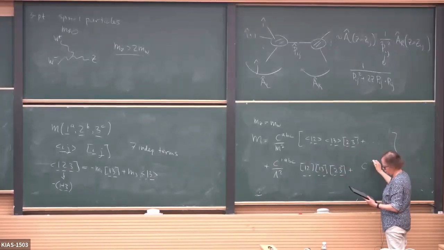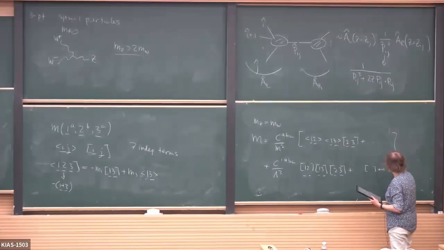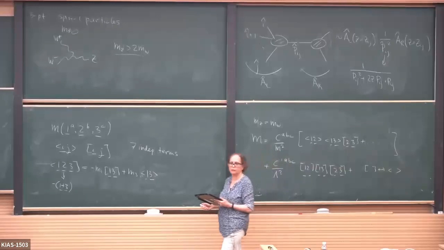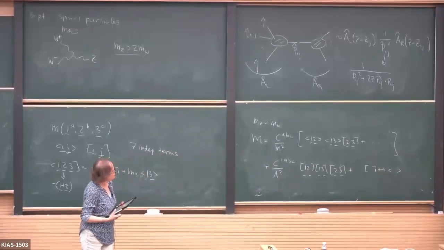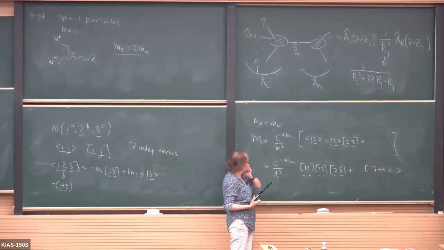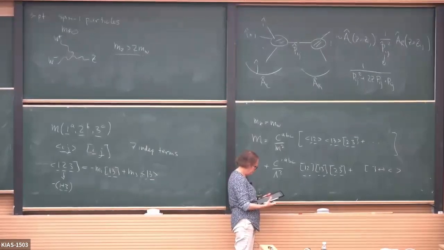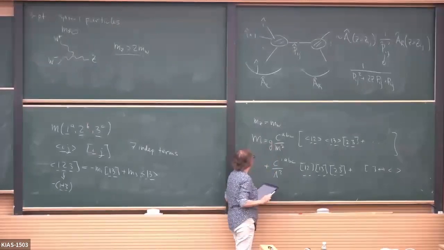And I also have another term here where the angles are exchanged into squares and the squares are exchanged into angles. So this is the most general thing I can write down. And let me also stick a G here in front of this guy.